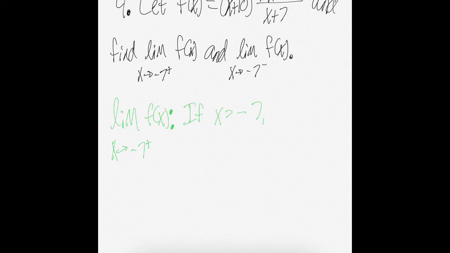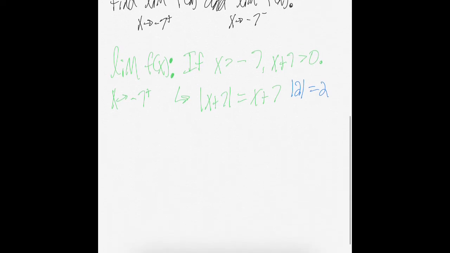But as long as it's bigger, no matter how much bigger, then x plus 7 is going to be greater than 0. You can see that by just adding 7 to both sides of this first inequality. This means that the absolute value of x plus 7 is just equal to x plus 7 in this case, right? For example, the absolute value of 2 is just 2, because 2 is positive.